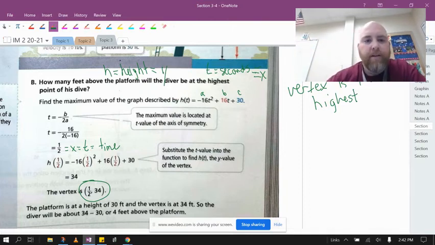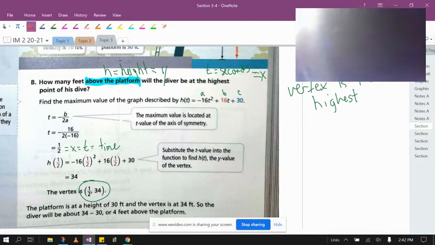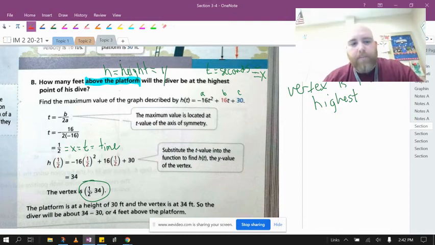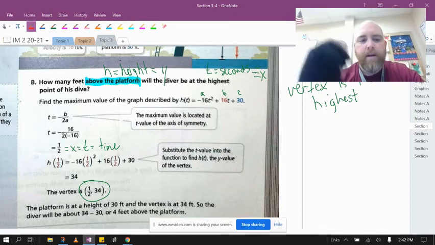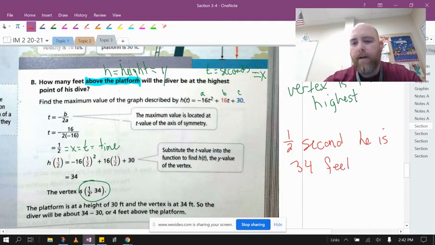However, the question asked, how many feet above the platform will he be at the highest point? So a little bit different than probably most problems we're going to see. But at 1/2 second, he is 34 feet high.